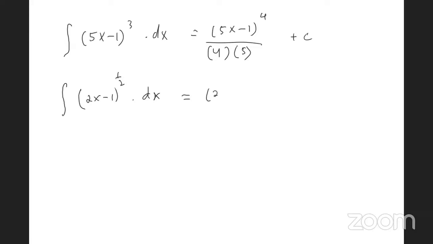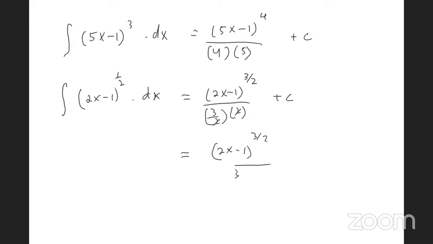So you should have something like this. Add 1 to the power, you'll get 3 on 2. Divide by that new power, which is 3 on 2, and divide by the differential of 2x minus 1, which is 2. Right? These two will cancel. So you'll be left with 2x minus 1 to the 3 on 2 all over 3.